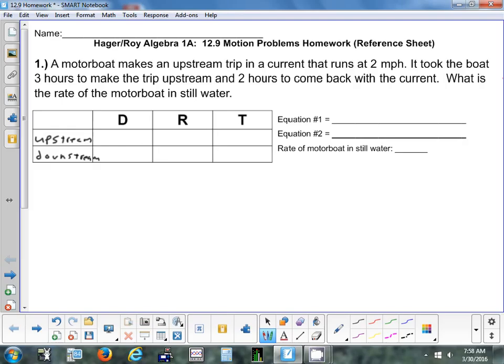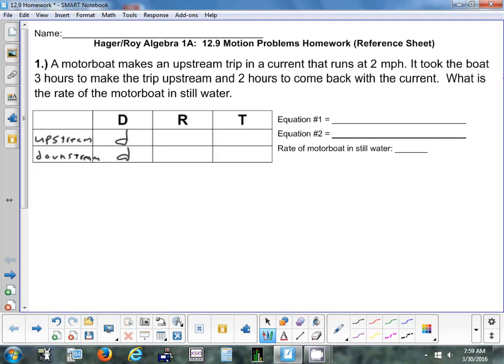Not the speed upstream, just the distance you travel. Like if I go from here to Boston and then I go Boston back to here, how do those distances compare? It's the same distance. So anytime you do an upstream, downstream problem, the distance is the same. So put in a D and put in a D.